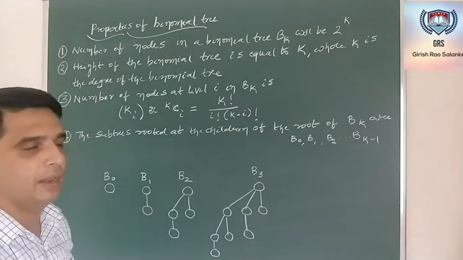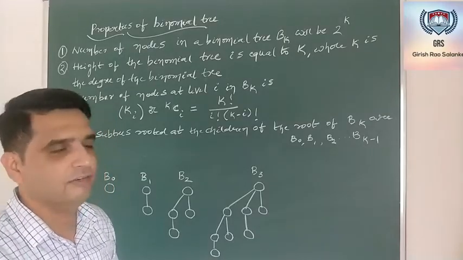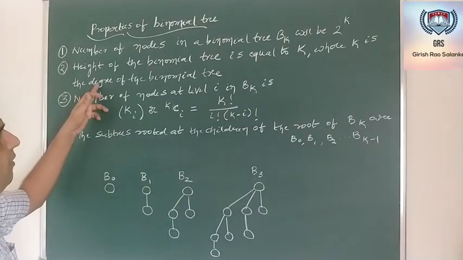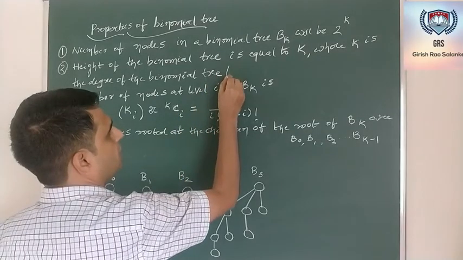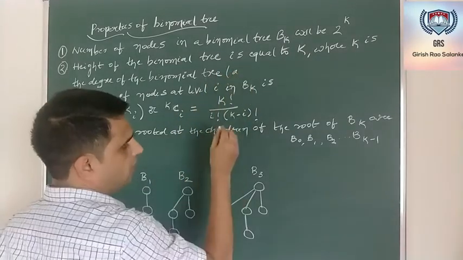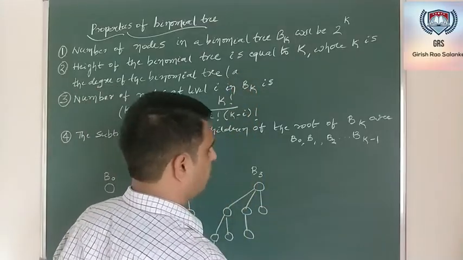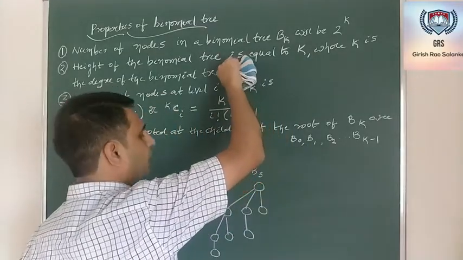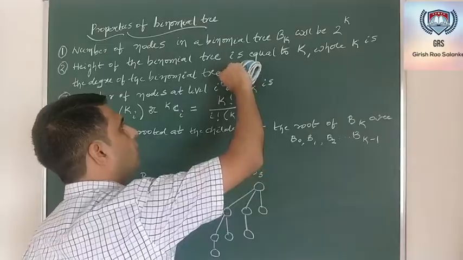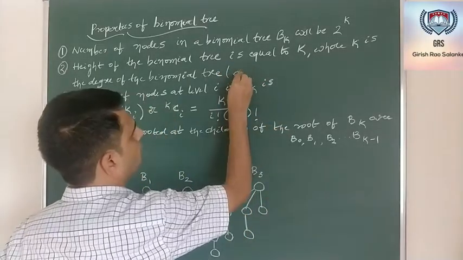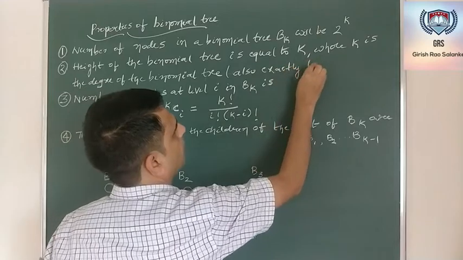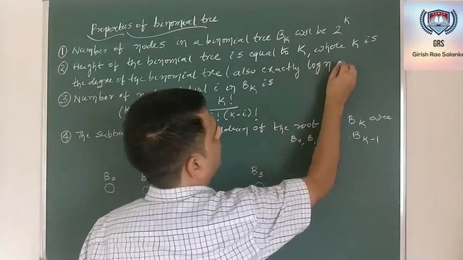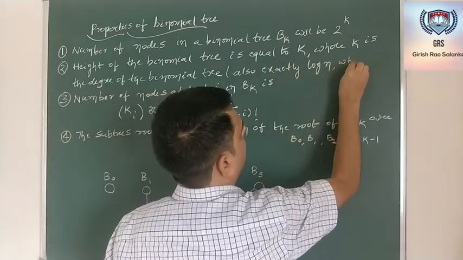The height of a binomial tree is always equal to k, where k is the degree of the binomial tree, or I can say it is also exactly log n, where n is the number of nodes.